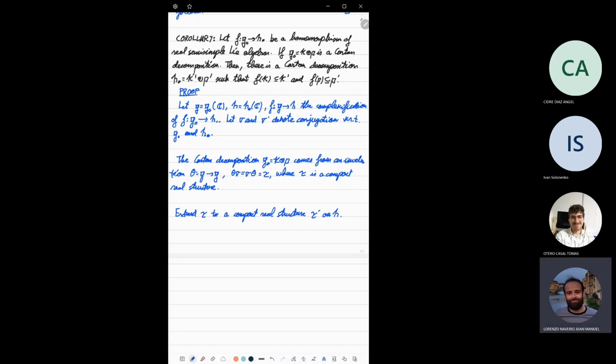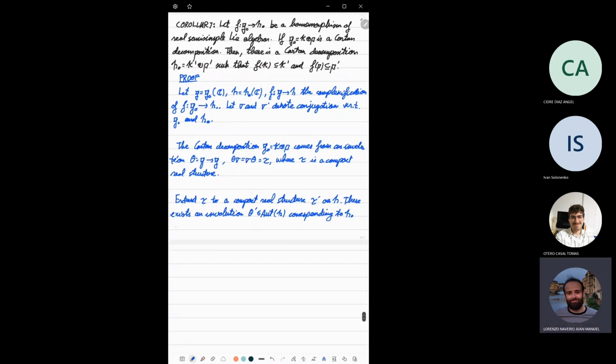And then what we know is that there exists an involution corresponding to H0, say that it's theta prime, such that theta extends to theta prime.